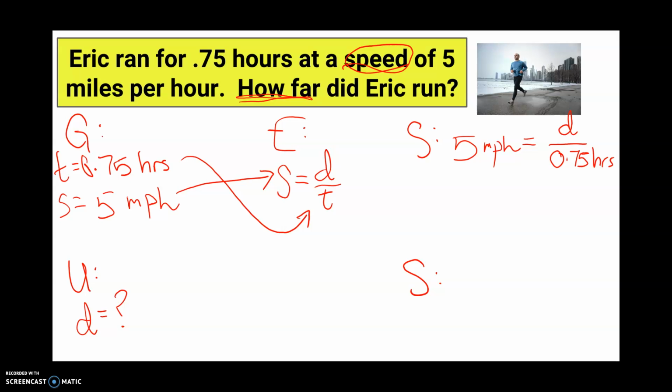So what I have to do, just like in math class, when you have a problem like this and you're trying to solve, you have to do the opposite. So if I'm taking distance divided by time, that means the opposite would be multiplying. So I'm going to multiply this times 0.75 because that's going to cancel out here. And what I will do to one side, I have to do to the other. So 0.75 also multiplied by this side.